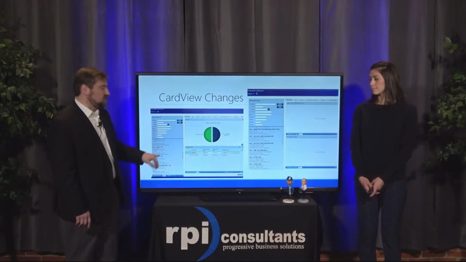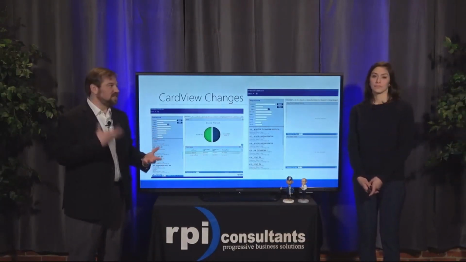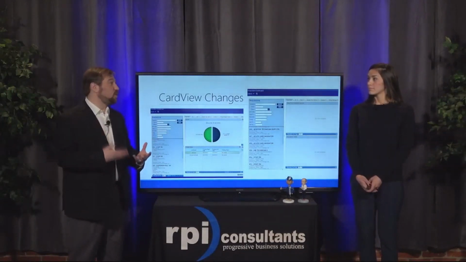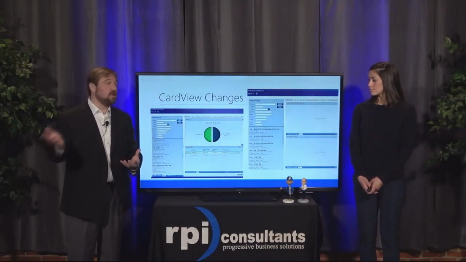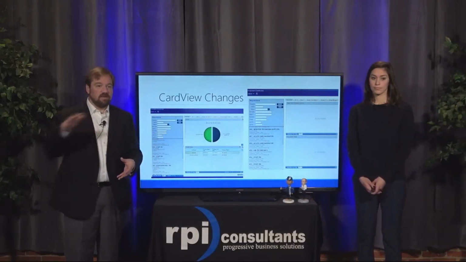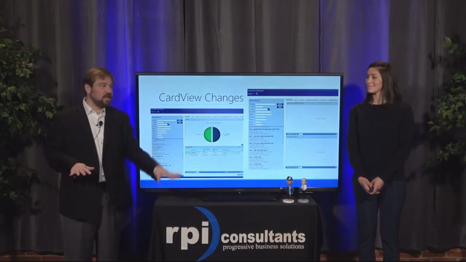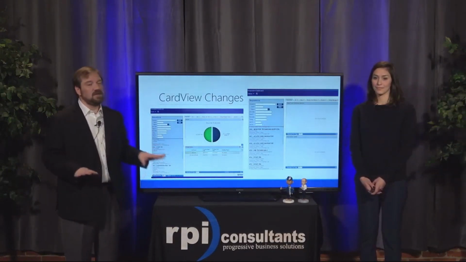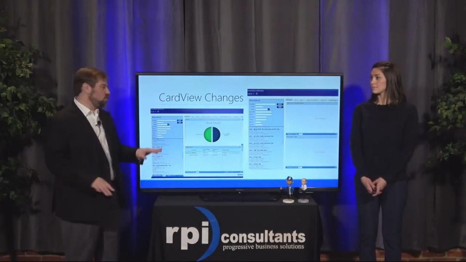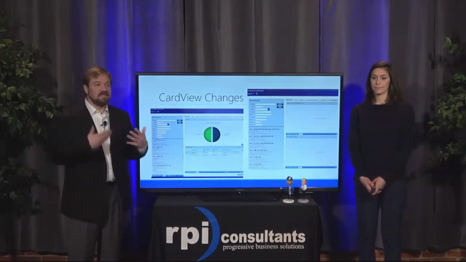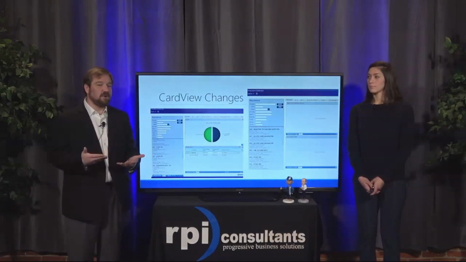Infor delivers these card views, which is basically a compilation of several fields which they feel are really important for either the recruiter or the manager. Unfortunately, what Infor believes and what your managers want to see are probably 2 different things. If you are a single location facility, you really don't want to see the location showing up on this card view. It doesn't really have any value for you.